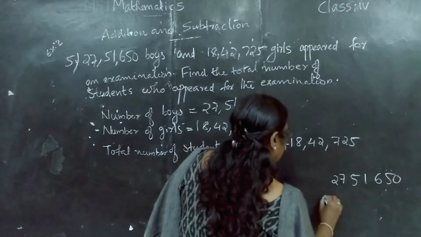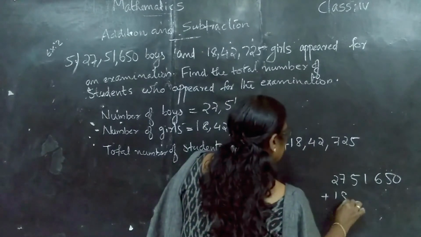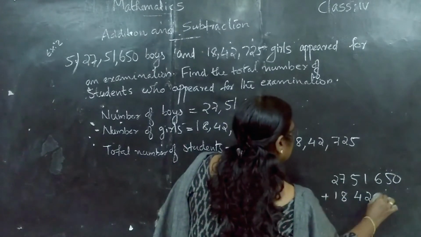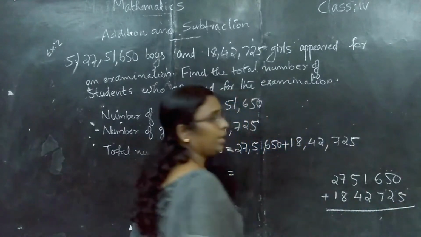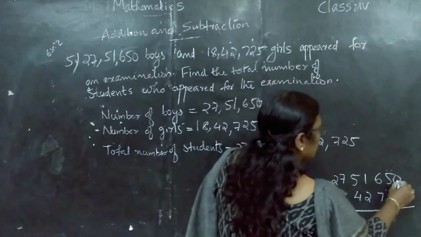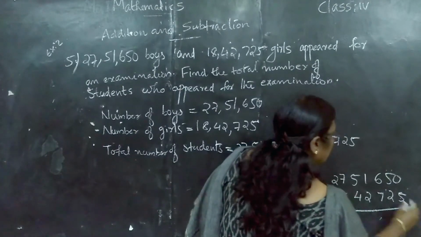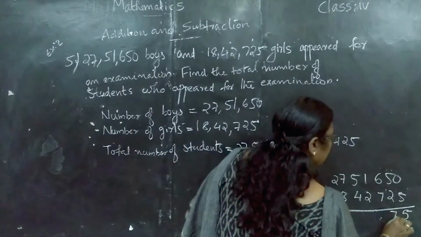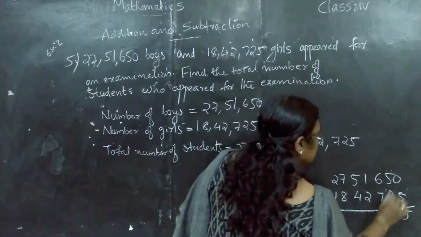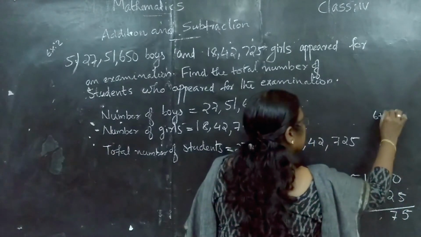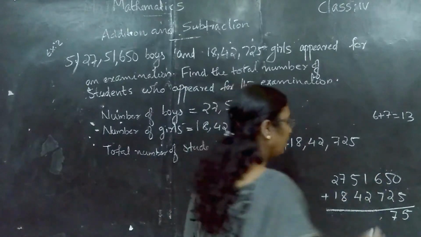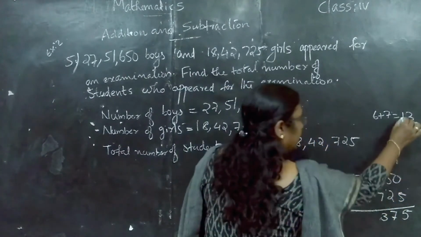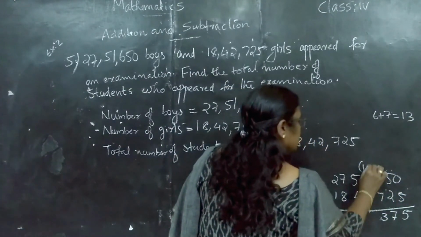Add these two. 0 plus 5 is 5. 5 plus 2 is 7. 6 plus 7 equal to 13. Write 3 here and carry this one to the next place.